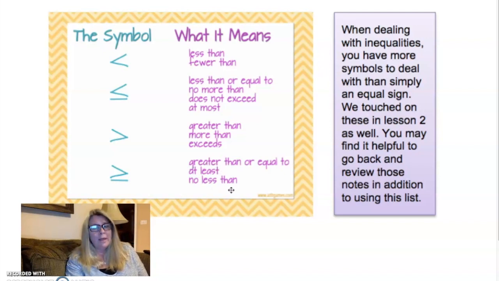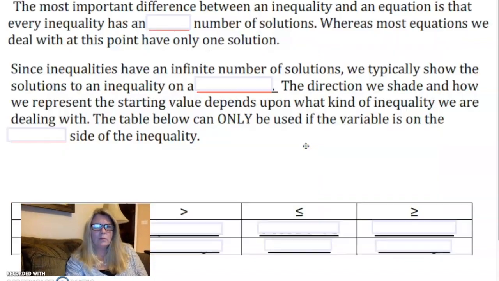There are some tricky ones in there, because when you say at least, people want to use the less than symbol, but it's not. It's the smallest it could be is that number, but it has to be that number or greater. So you have a greater than symbol. You can go back to lesson 1, where we talked about a lot of those words. I know it says lesson 2 here, but it is actually lesson 1.